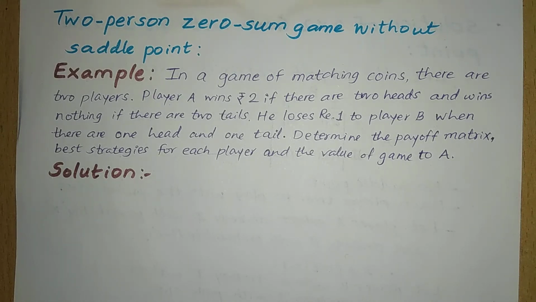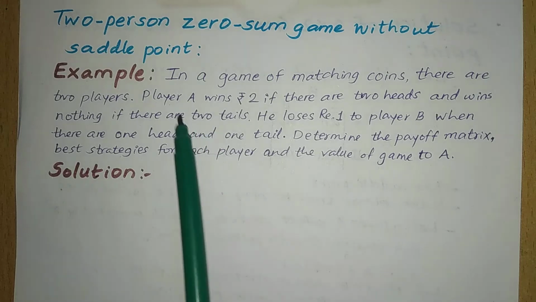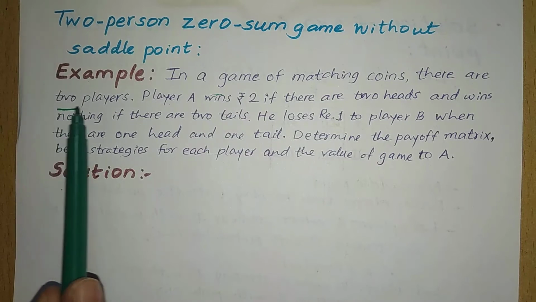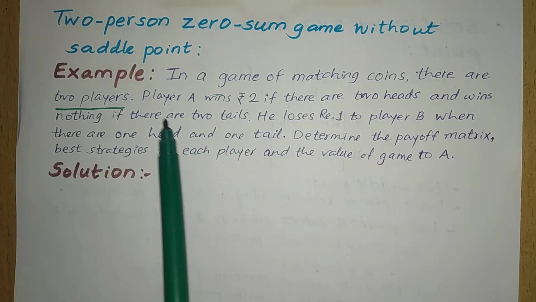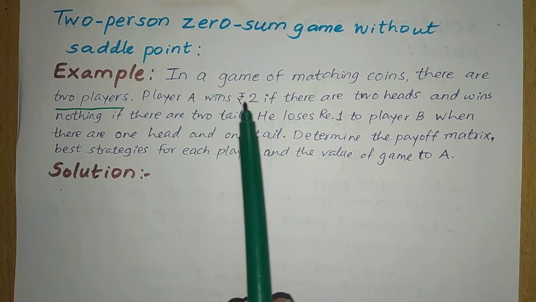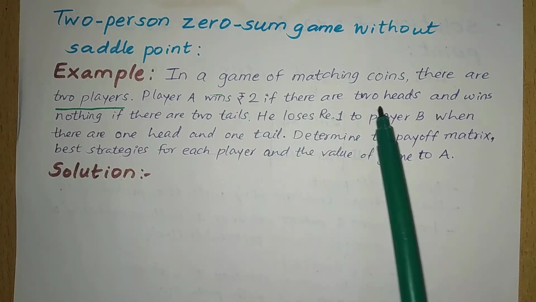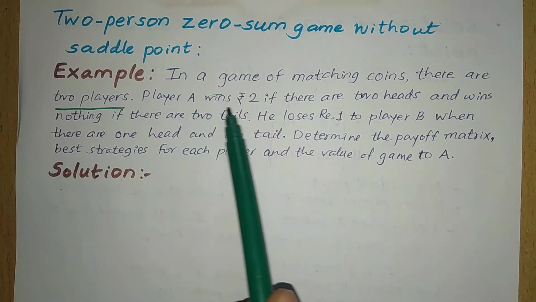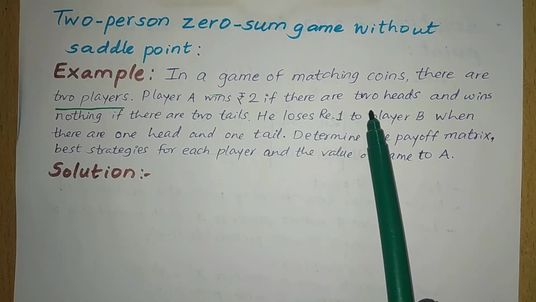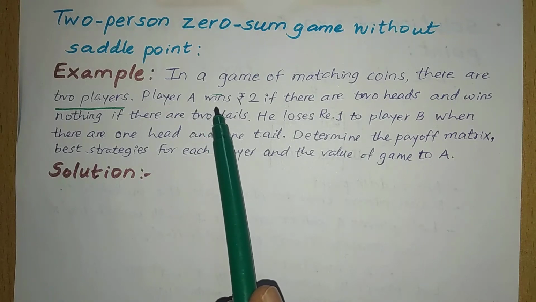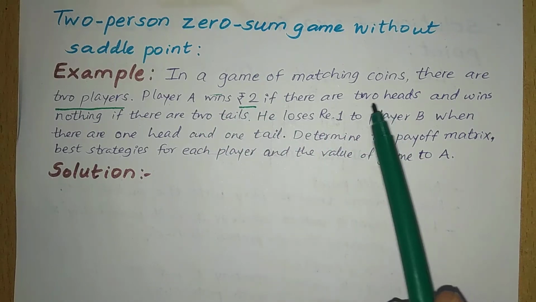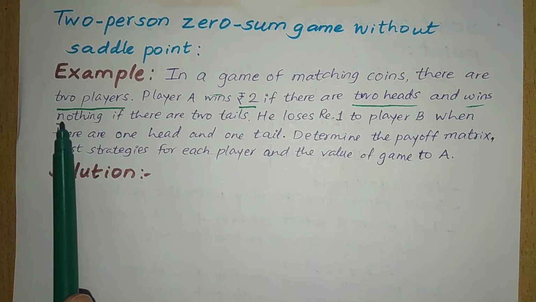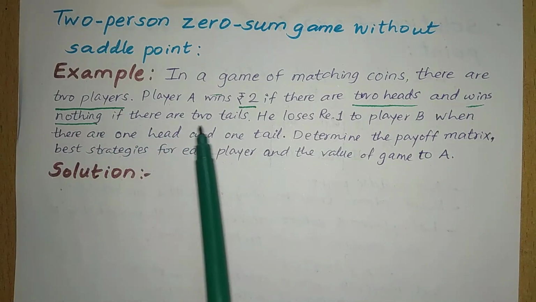In a game of matching coins, there are two players. Player A wins rupees 2 if there are two heads, and wins nothing if there are two tails.